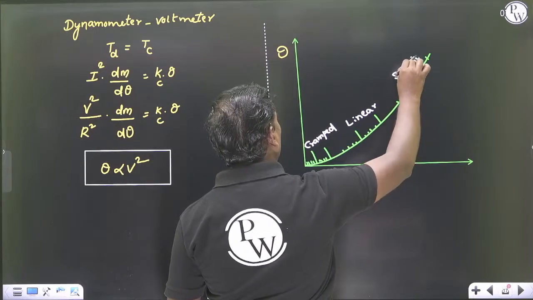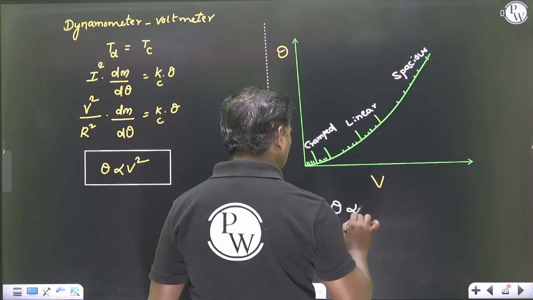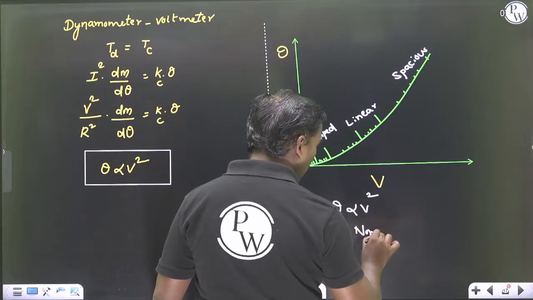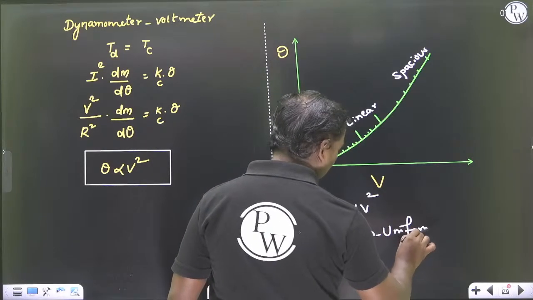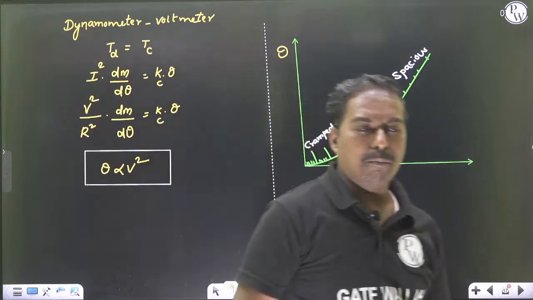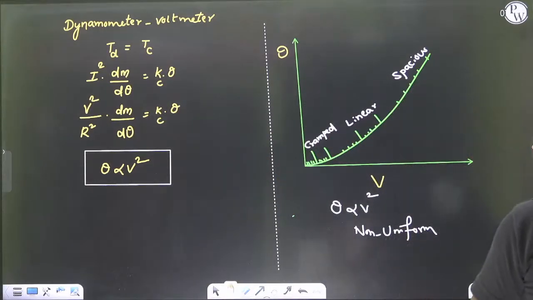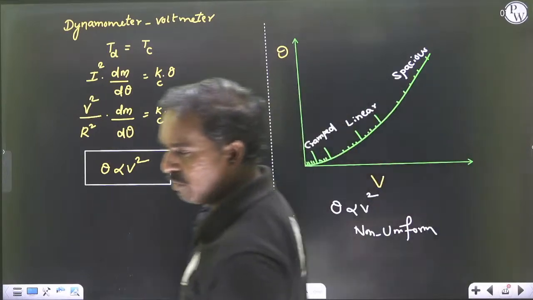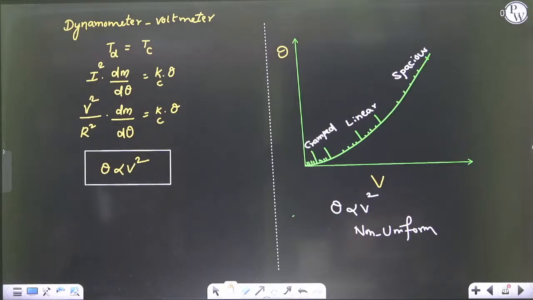So theta is proportional to V square, non-uniform. So both the dynamometer ammeter and the dynamometer voltmeter are non-uniform. Please make a note of all these things.